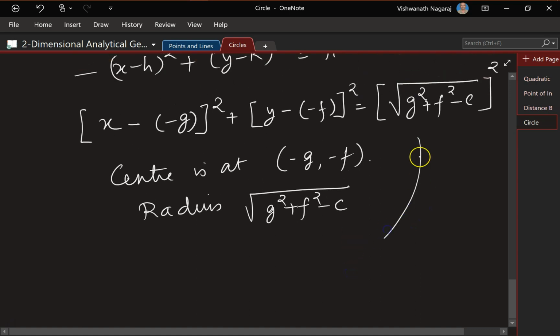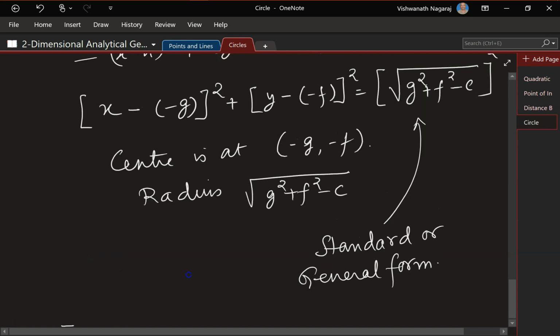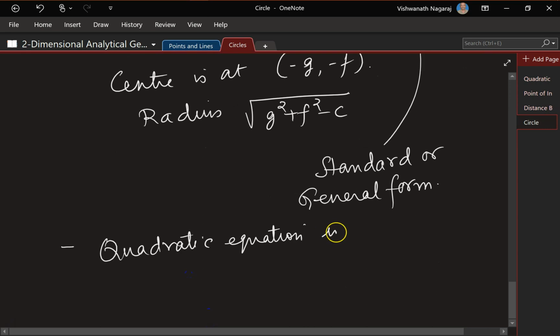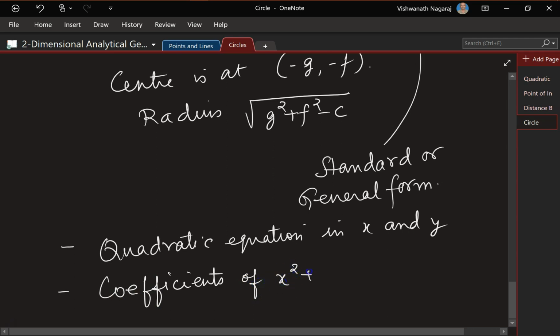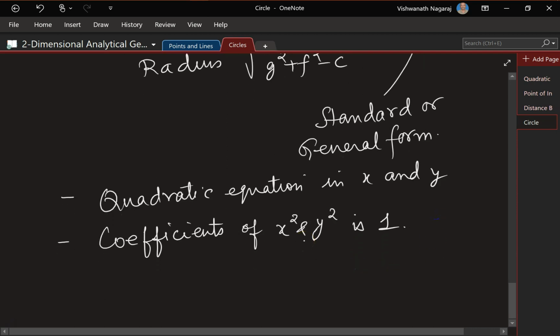By the way, this is called the standard or general form. Remember it is a quadratic equation in both x and y, and the coefficients of x square and y square are 1. Now if it is not, what do you do?